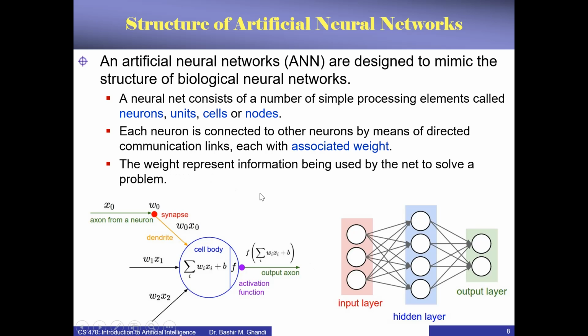Actually, the network learns from the examples by making adjustments to these weights until the value it produces as output here matches what is expected. We shall see this in detail when we look at how training takes place in neural networks.